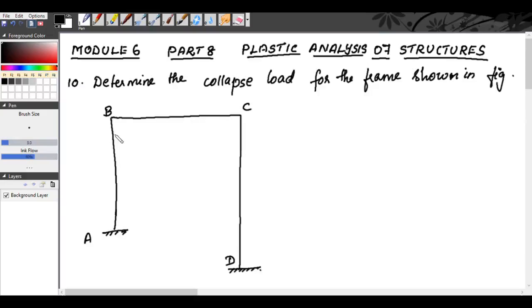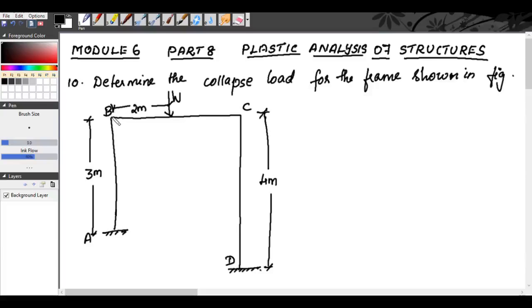The span AB is of length 3 meter. The span CD is of length 4 meter. The span BC is of length 4 meter and there is a concentrated load of W0 acting at the mid of the span BC.